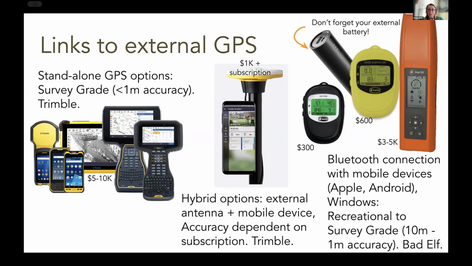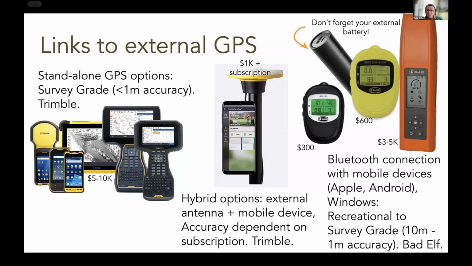There are hybrid options where you have an external antenna and then you link that to your mobile device. An example here is a Trimble antenna, costs about 1K. It's significantly less than some of the survey grade Trimbles on the left. But there's a lot of new Bluetooth connected GPSs that I found to be really great.